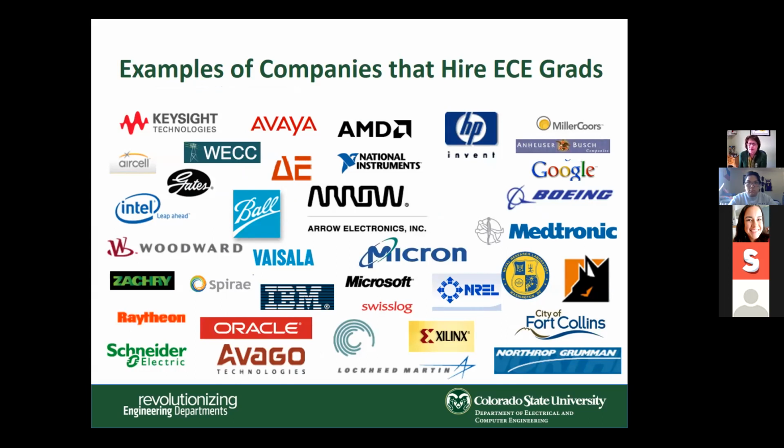The ECE department has a very strong, what we call IAB, an Industrial Advisory Board. So our Industrial Advisory Board has been in existence for over 20 years. It's comprised of companies all up and down the Front Range, and many of the representatives on the board are alums of our department. So they graduated from our department with an electrical or a computer engineering degree.